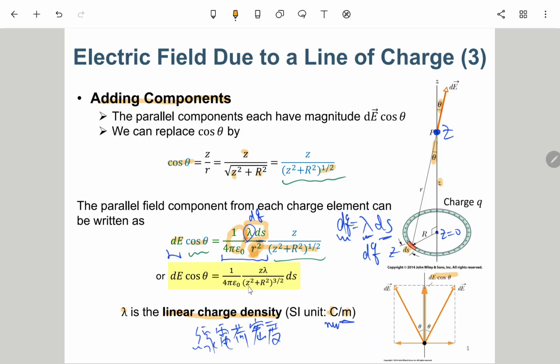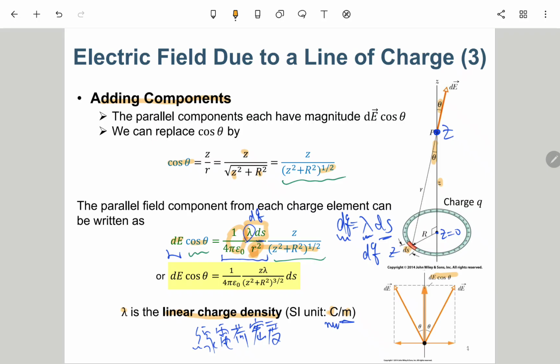So dE cosine of theta is this one: z goes down here, lambda goes down here, ds goes down here, and these two become z squared plus capital R squared to the 3 over 2 power. This is pretty much dE cosine of theta.